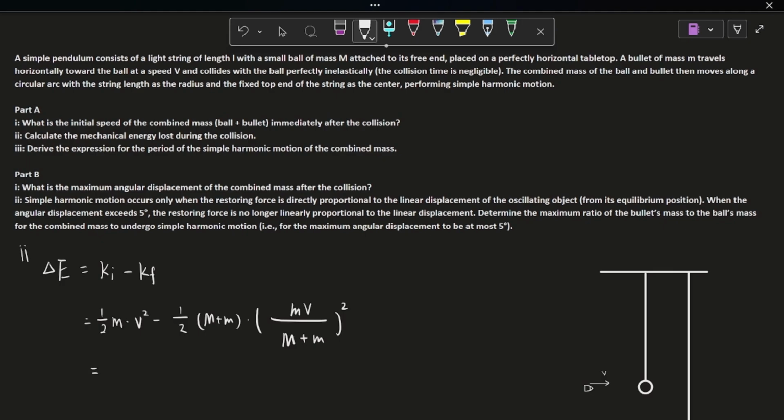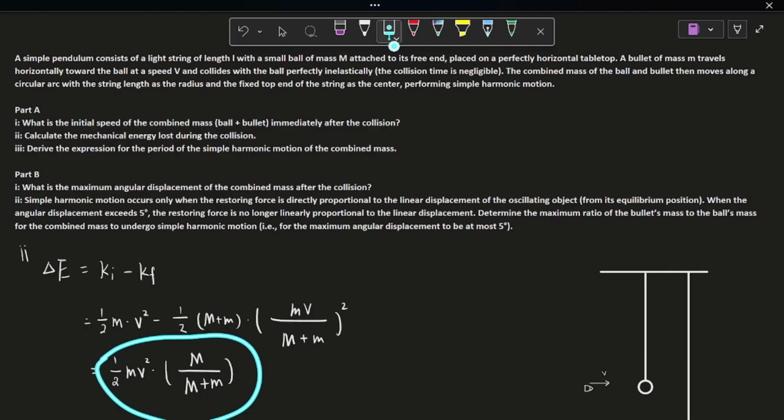After you simplify the equation, you'll get something like 1/2 mv squared times M over (M plus m). And then let's check. M over (M plus m) is definitely smaller than 1. So this number is definitely smaller than the initial amount of kinetic energy.